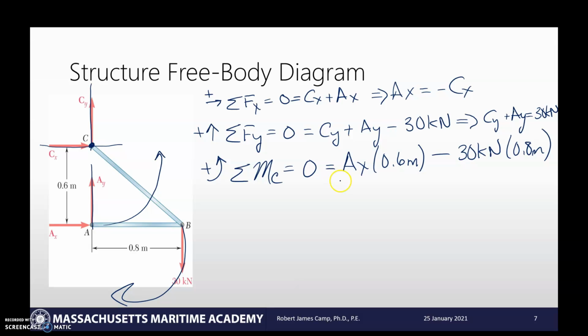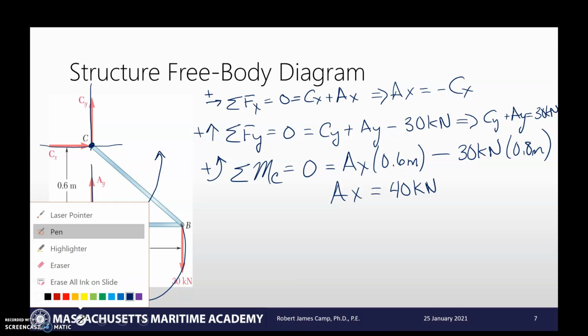And we've done well here because now we've got one unknown in our equation. So as we solve for Ax, we'll move the 30 kilonewtons times 0.8 meters to the other side, divide through by 0.6 meters, and once we do that, that's going to give us an Ax of 40 kilonewtons.